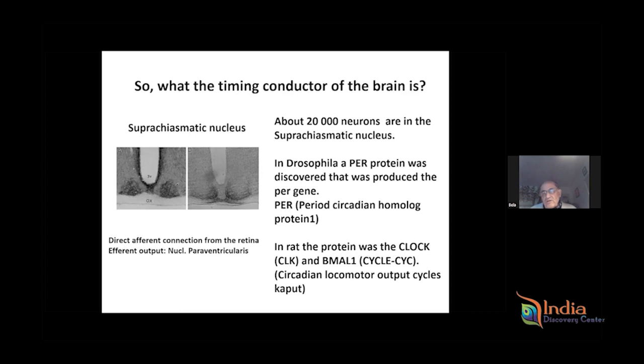It was 20 and 28 hours rhythmic activity in the tissue dish.